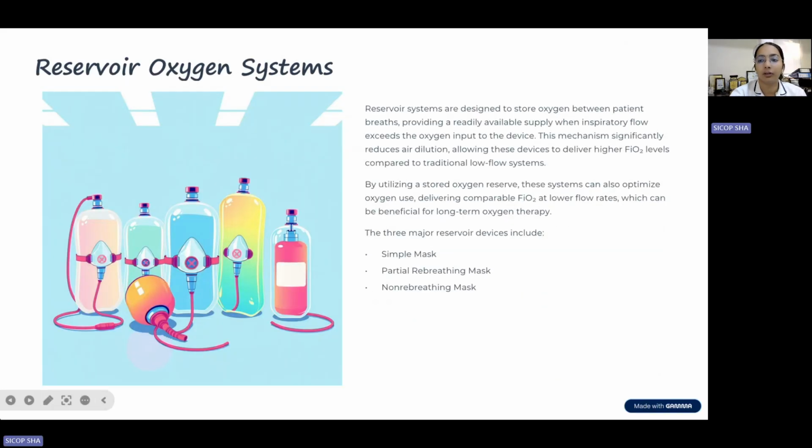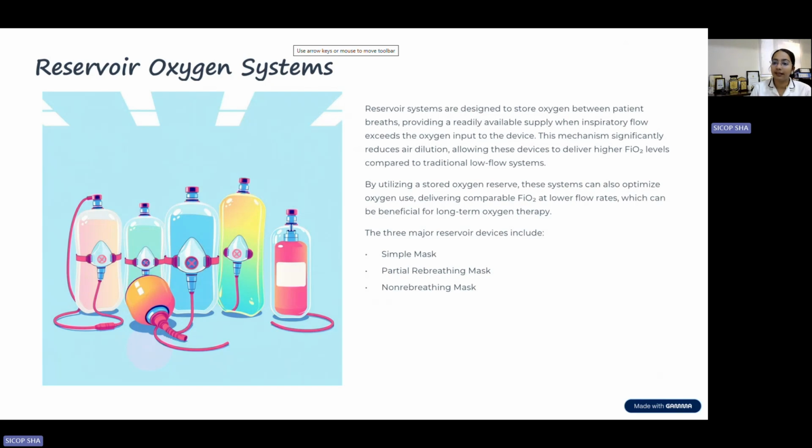Now let's come to reservoir systems. Reservoir systems are designed to store oxygen between the patient's breaths, providing a readily available supply when inspiratory flow exceeds oxygen input to the device. There is a small storage system built into the device which will trap the oxygen inside between two breaths.